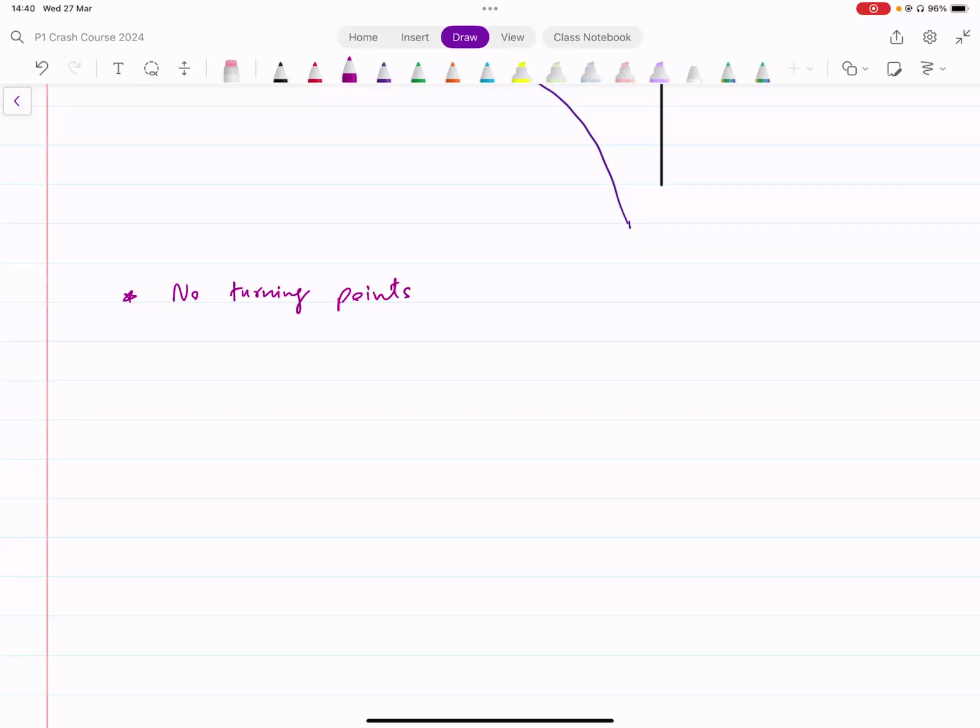But in our syllabus, in functions, we would not get a function that has any turning points. Okay, so no turning points for reciprocal functions in our syllabus.